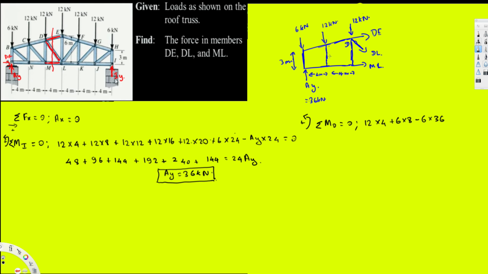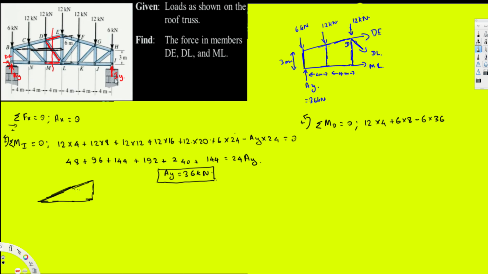To find the height, I take this triangle right here, and I draw this one here. They have given the whole height as 6 meter, so this is 3.